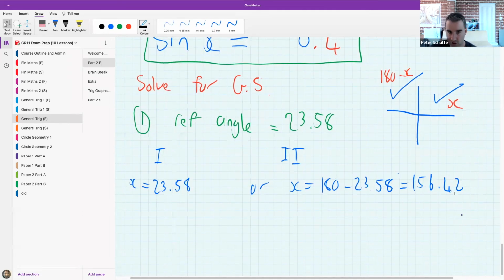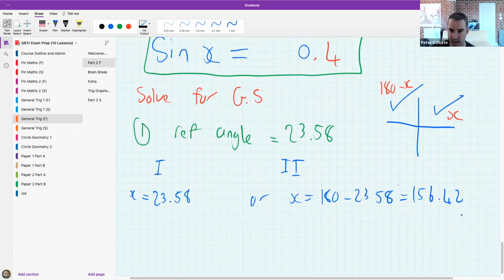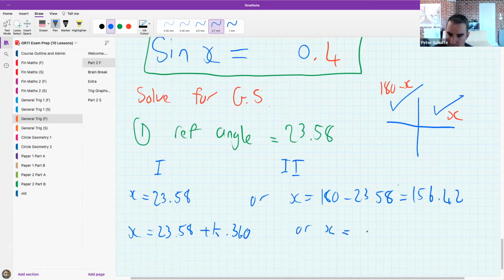Now that is the solutions within 360 degrees. There are 2 solutions where sine x is positive within 360, but to become a general solution, you have to add an extra bit, what's called the period of the solution, which looks like that.